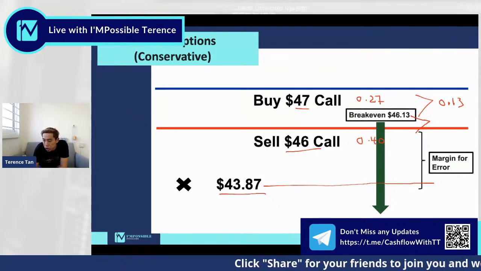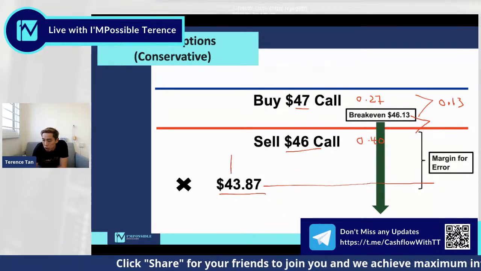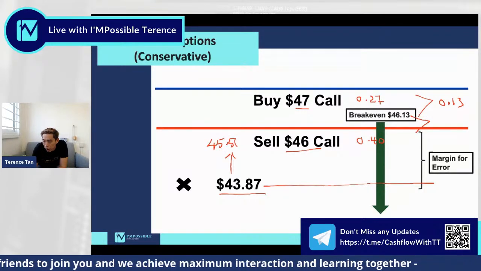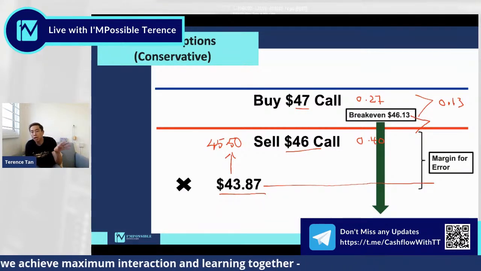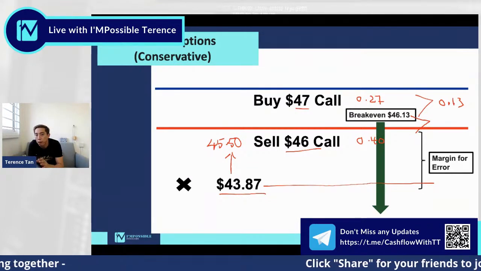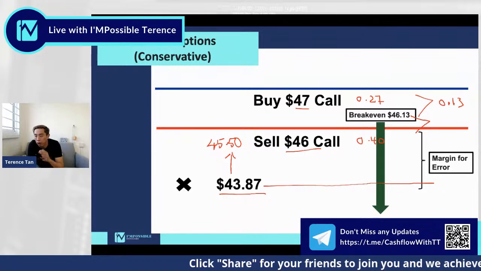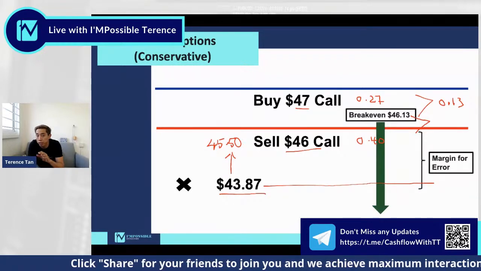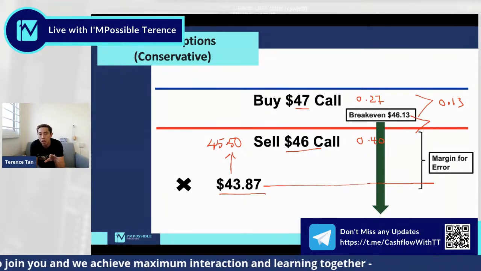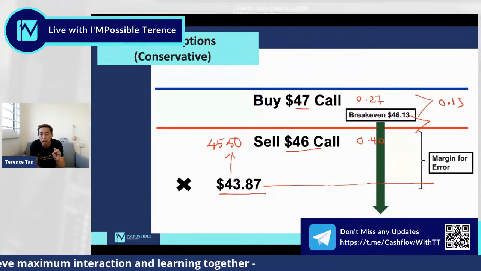Now imagine this. If Royal Caribbean goes up to 45.50, your customer, who is the buyer of the call option, has the right to buy RCL shares at $46. But if the stock market is selling it for 45.50, it doesn't make sense for him to exercise his right.